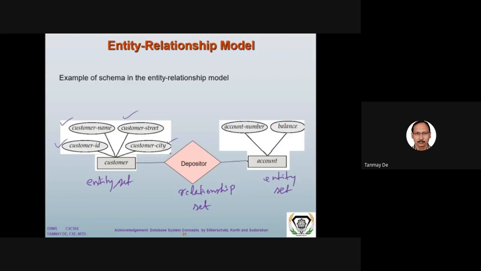By this relationship set, as I already told, some constraints are also expressed, and that constraint needs to be satisfied by the content of the database. One of the important constraints is the mapping cardinality. There is one-to-one mapping, one to many, many to one, or many to many mapping.